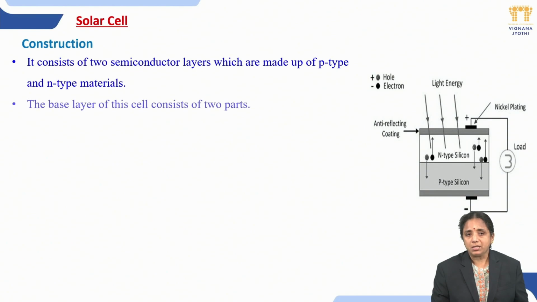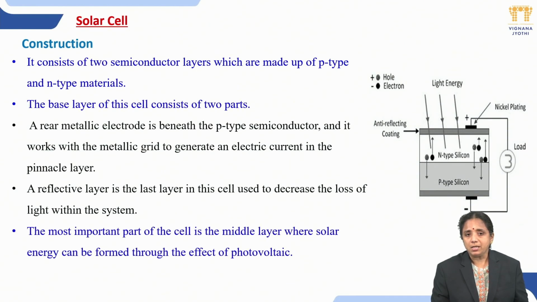Now coming to the construction, again we are considering a simple p-n junction diode. It consists of two semiconductor layers, p and n, and metallic electrodes to generate electric current.